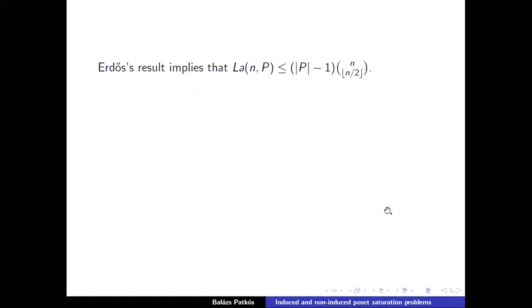Because any poset on k elements is a non-induced subposet of a chain of length k, Erdős's result implies this bound for any poset P. Because we know that an anti-chain is a family that doesn't contain any poset that has at least two comparable elements, for any such P we can have a P-free family of size n choose n half.